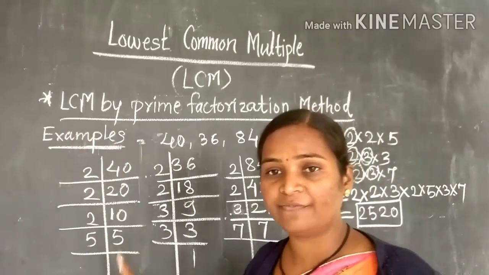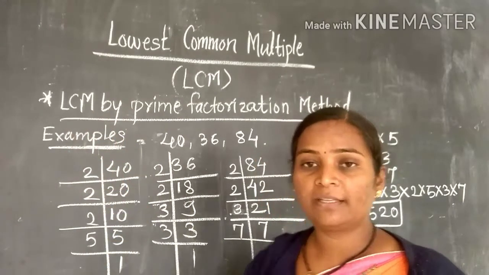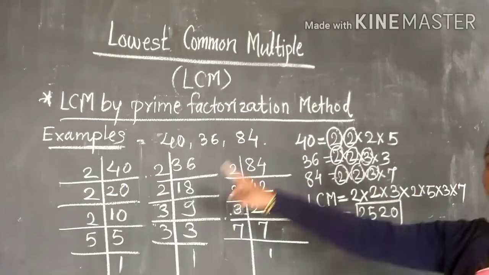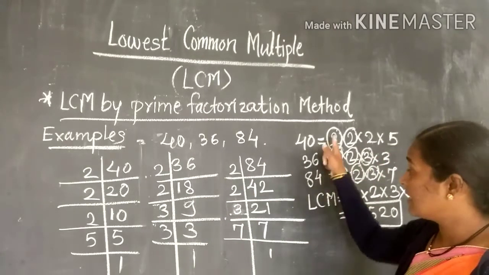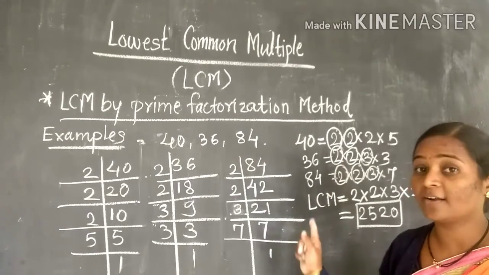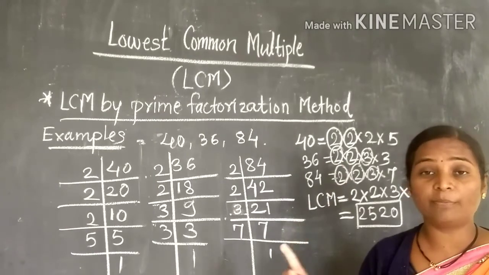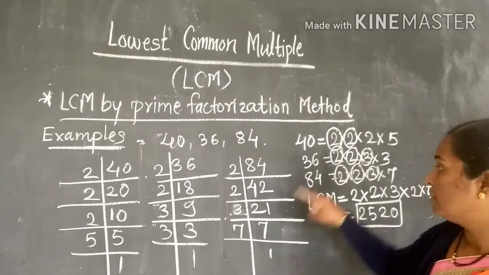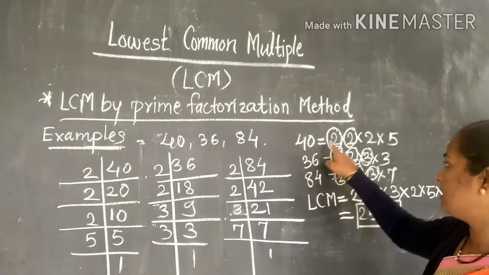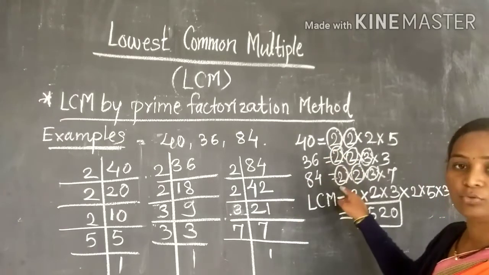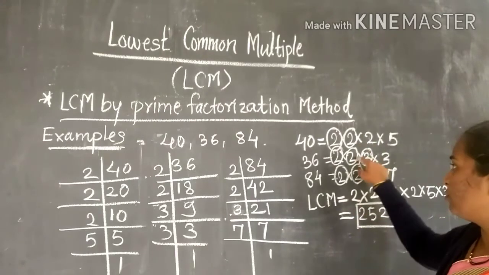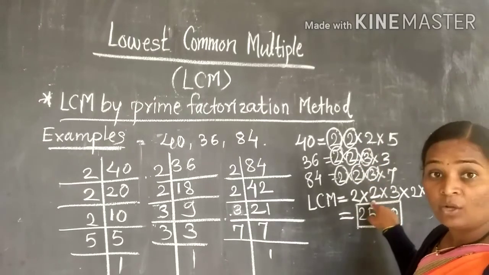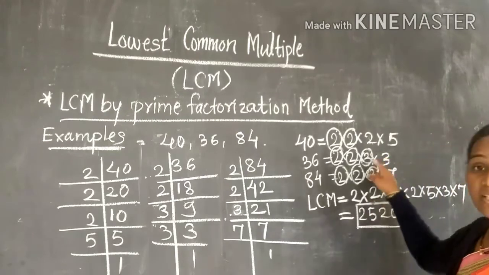In this way, for the prime factorization, first of all you have to find out the prime factors of those numbers. Then write all the factors in front of those numbers. Then see which numbers are common. If it is common, then write it one time. See here, 2, 2, 2, so I have written it one time. Next also 2, 2, 2, so I have written it one time. Then here 3, 3.